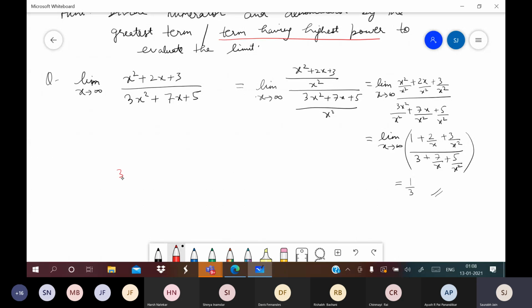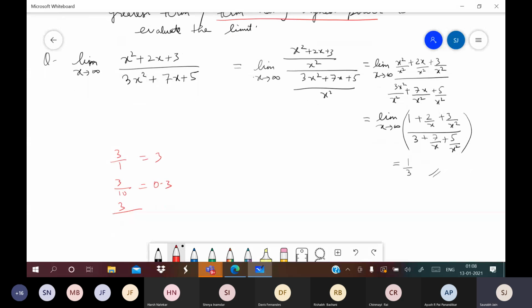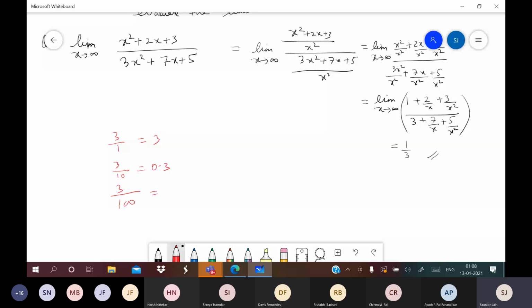Consider, you divide 3 by 1, you get 3. 3 by 10, you get 0.3. 3 by 100, you get 0.03. What are you observing? The numerator is the same. You are increasing the value of the denominator. The number is diminishing, right? What exactly is happening? Where is it going?